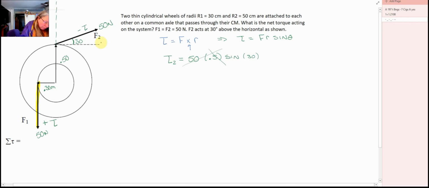So force 1, if I were to make this a force, is acting like this. There's my 90 degrees. So as it turns out, when I look at this piece here, it's not 30 degrees. It is 30 degrees from the horizontal, but it's going to be 90 minus 30 from this radius, the axis of rotation. So this will be 60 degrees.